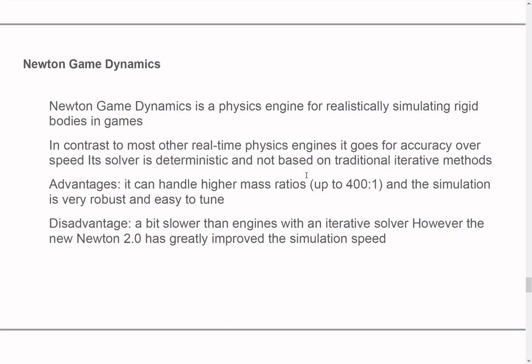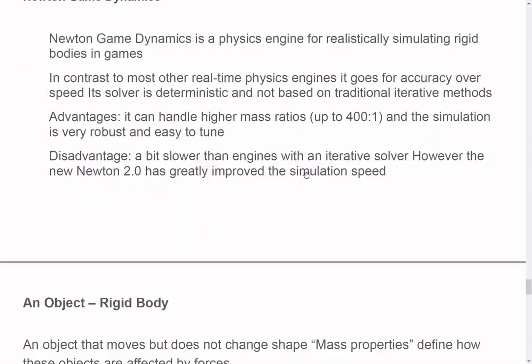Its core program, which is the solver, is deterministic, and it's not based on traditional iterative methods. So we can handle higher mass ratios, and the simulation is very robust, but it's a bit slower than the other engines. But Newton 2.0 has greatly improved the simulation speed.